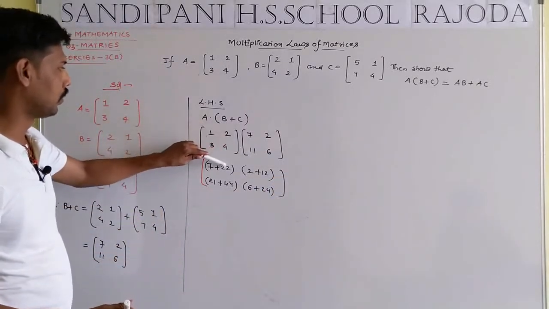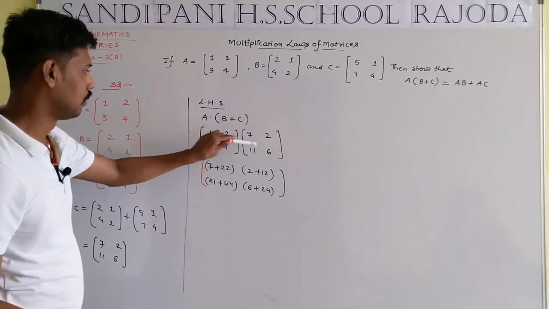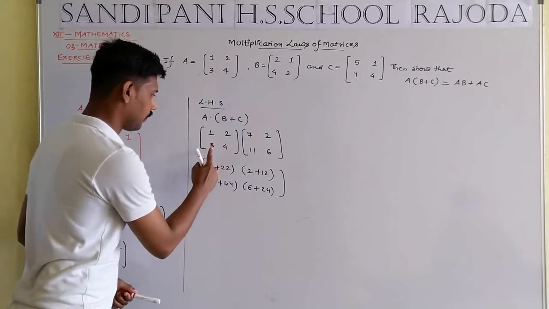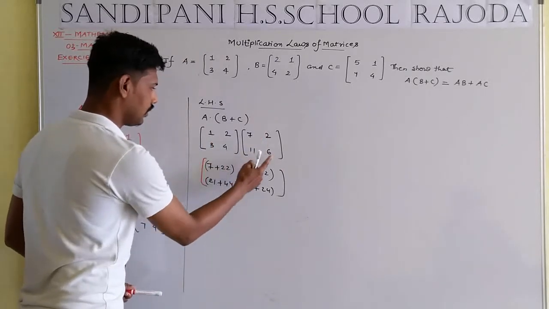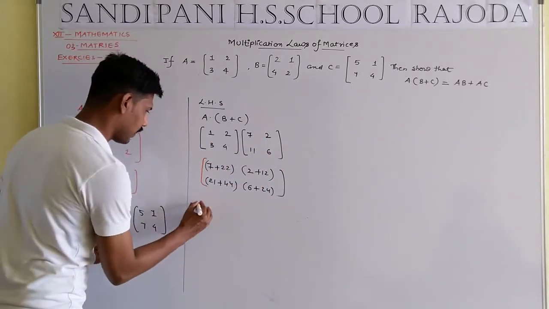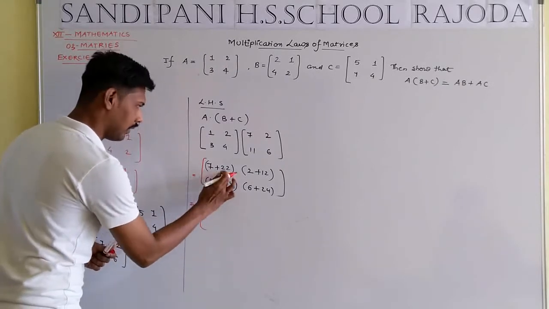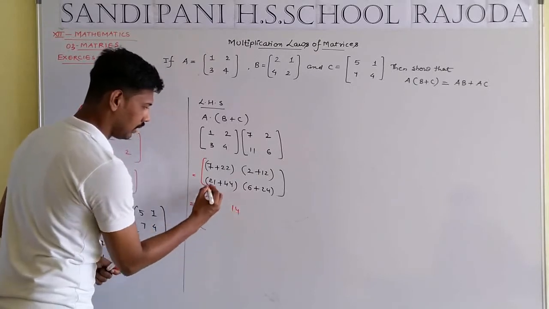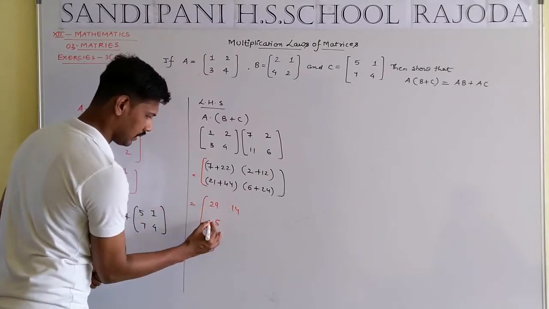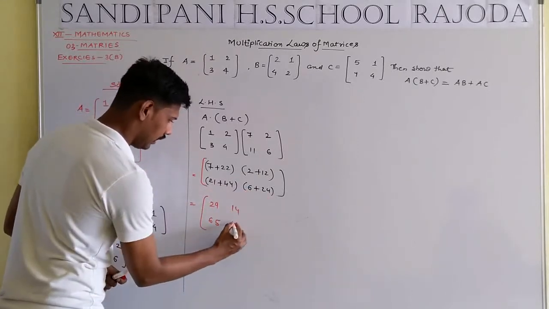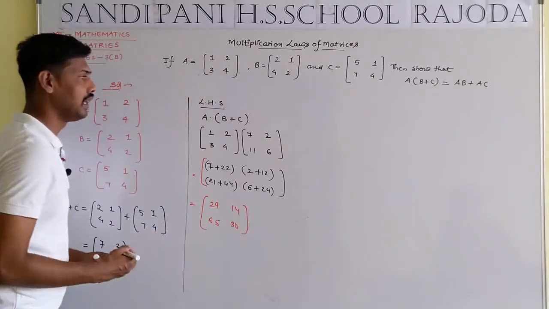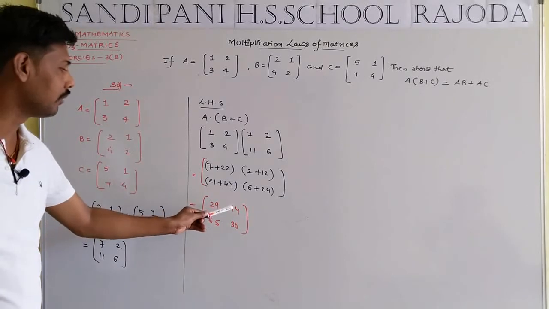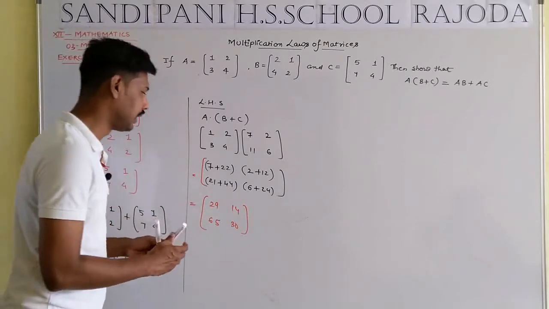Okay: 1 times 7, 2 times 11, 1 times 2, 2 times 6, 3 times 7, 4 times 11, 3 times 2, and 4 times 6. Now 7 plus 22 equals 29, 2 plus 12 equals 14, 21 plus 44 equals 65, and 6 plus 24 equals 30. Here we get the LHS, which is [[29, 14], [65, 30]]. This is equation number first.